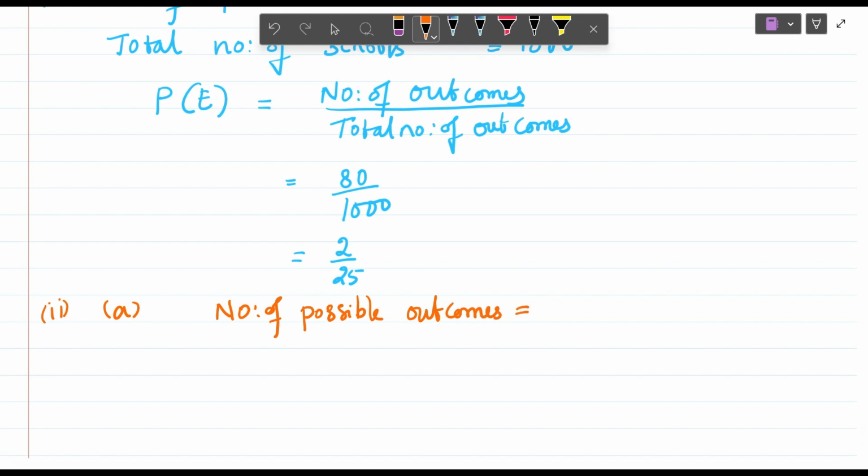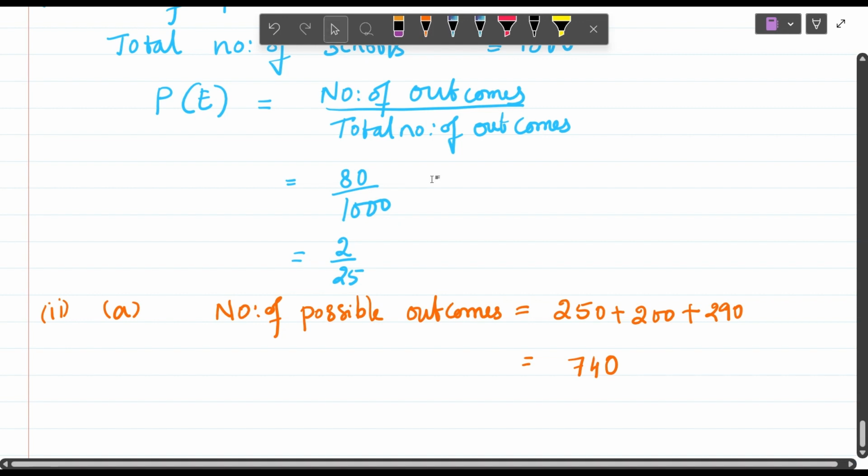Is equal to, so we have to add 250, 200 and 290 number of schools. After adding, how much will you get? 0 here, 4 here, 7 here, so 740. And we know the total number of schools is 1,000.